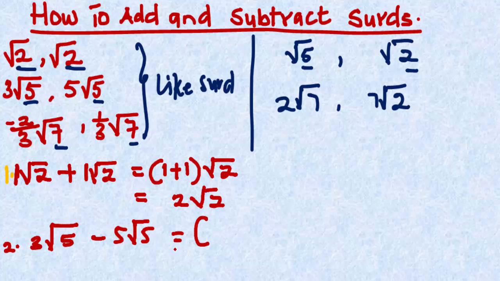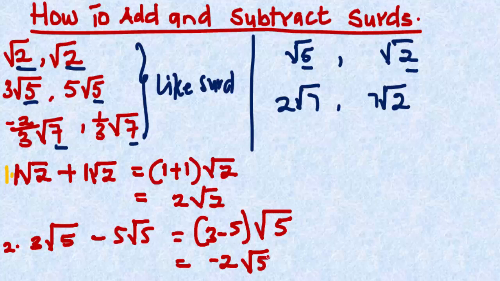So in subtracting this, we have 3 minus 5, then we multiply by the like surd, root 5 here. So we simplify it, we get negative 2 root 5.